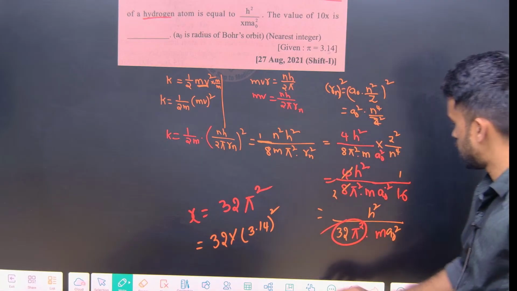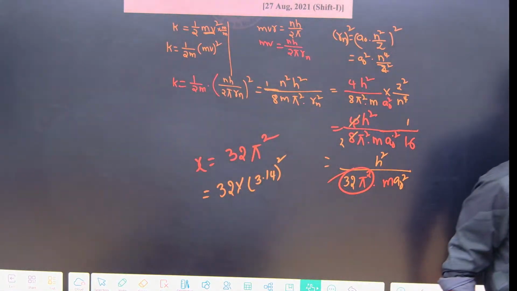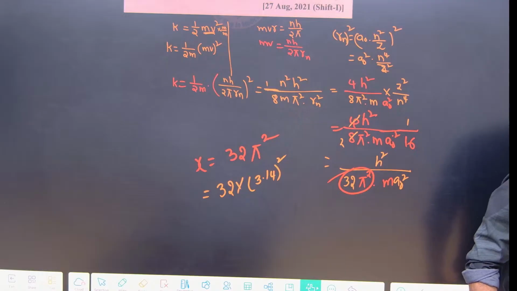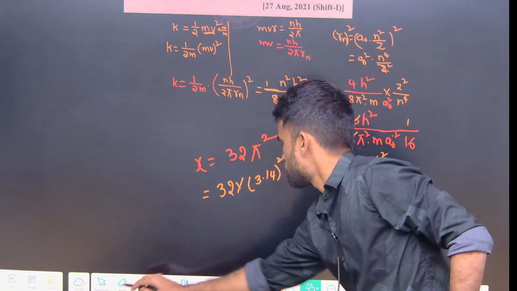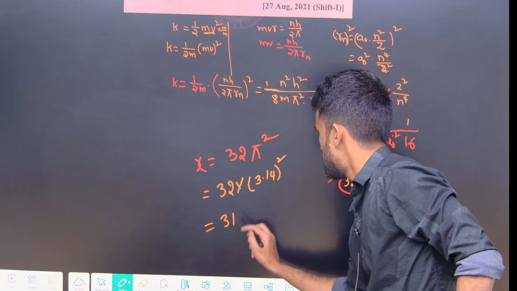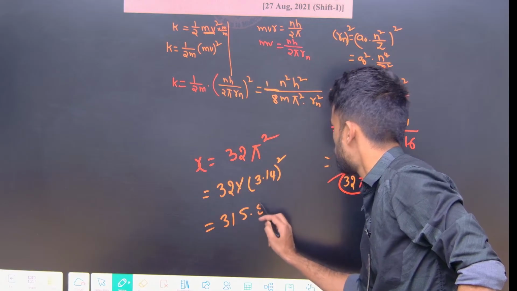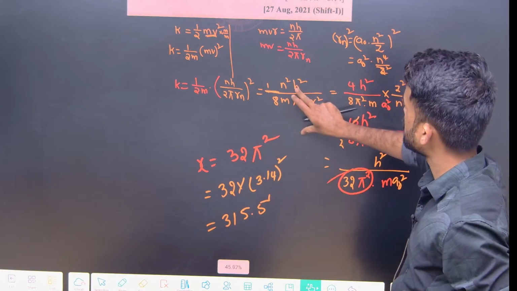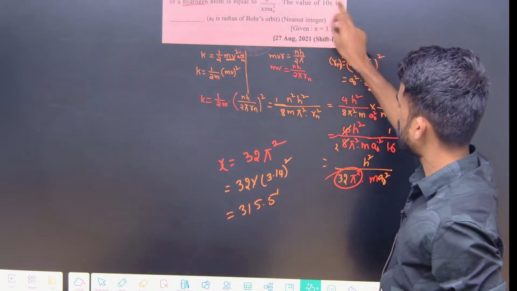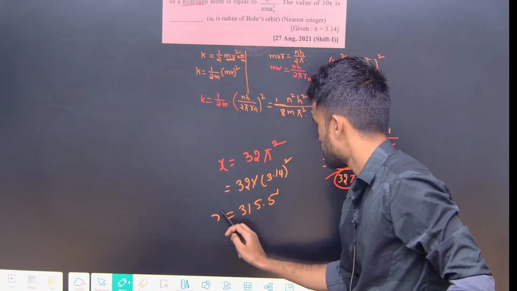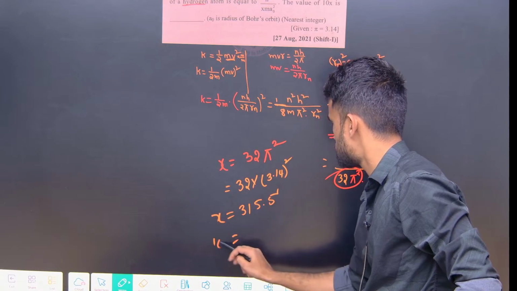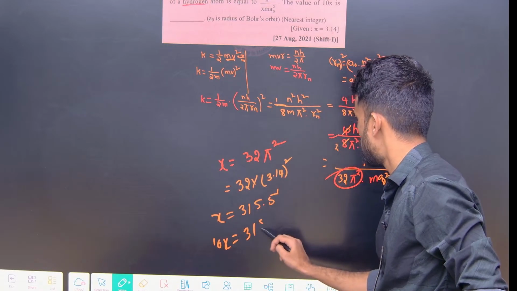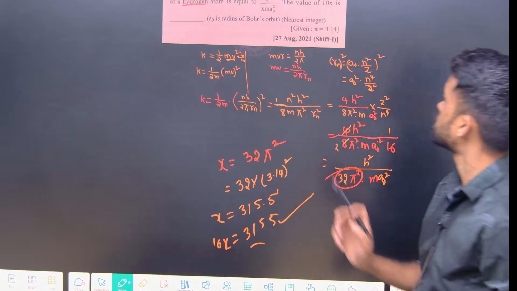Upon simplification you are going to get 315.5. They are asking us to take it as 10x. This is our x value. So 10x should be 3155. So this is your final answer for the question.